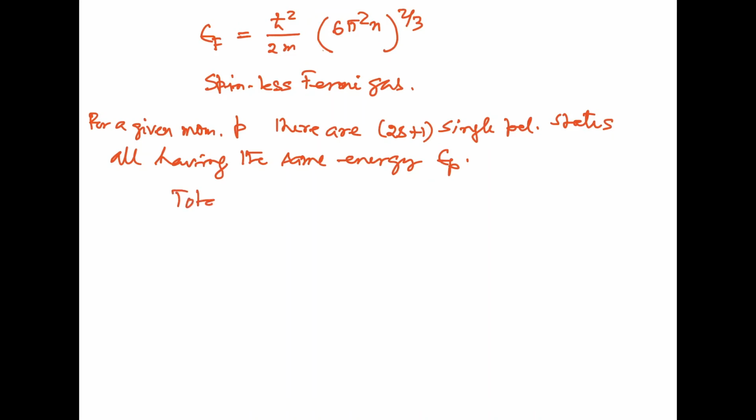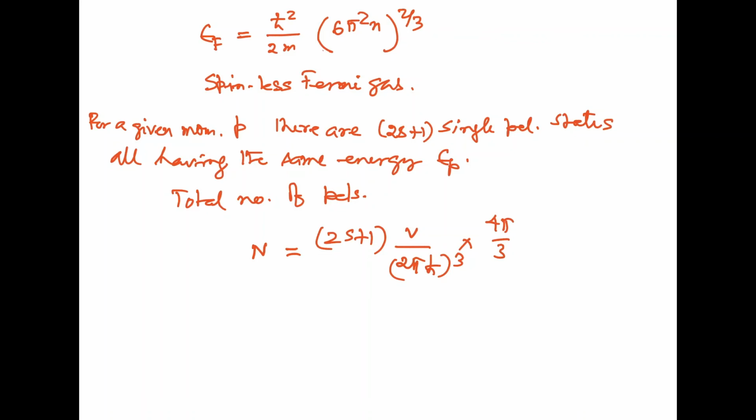So the equation for the total number of particles, N, must be modified, and that will be (2s plus 1) V divided by (2 pi h cross) whole cube, into 4 pi by 3 p_F cube.